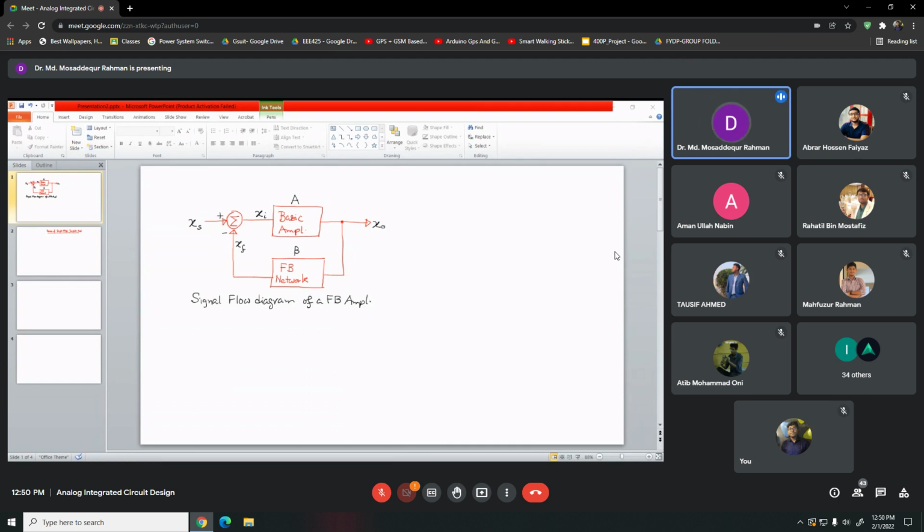And what is the expression for this overall gain? Do you remember? AF equals what? X naught divided by XS. And that's equal to what? A by 1 plus A beta.